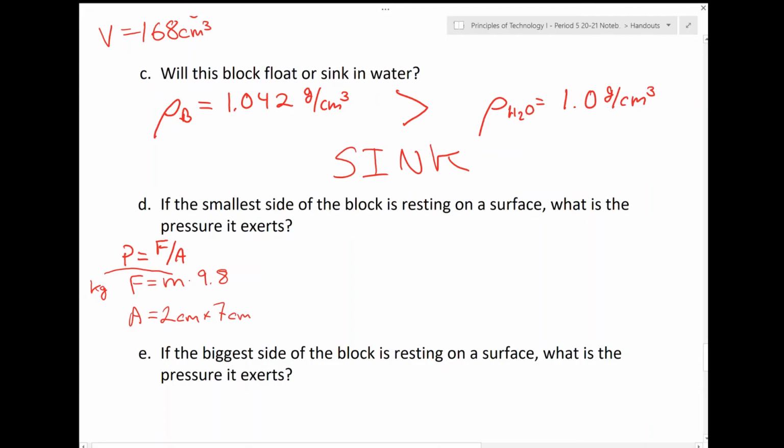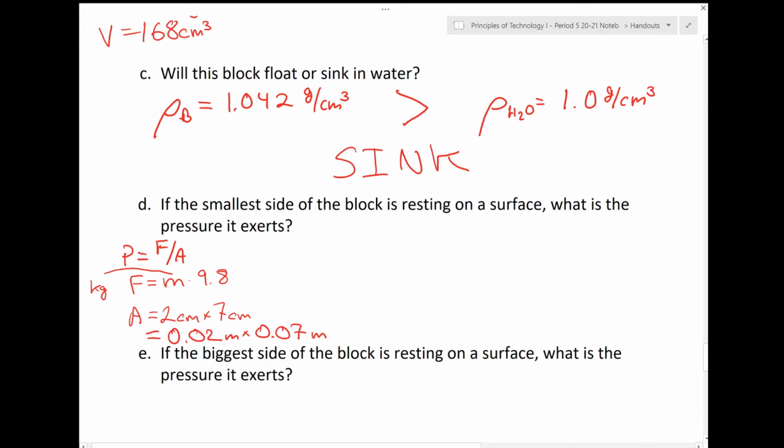But if we are changing our mass to kilograms, we should also change our dimensions on the length and the width to meters. So this becomes 0.02 meters by 0.07 meters.